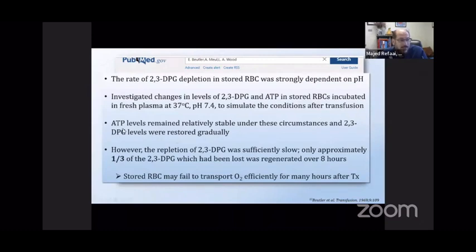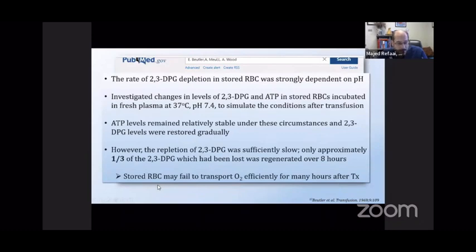And they saw that the ATP level remained relatively stable under these circumstances, and the 2,3-DPG started to gradually increase. But after 8 hours, only 1/3 of this 2,3-DPG was repleted in the red blood cells incubated with fresh plasma.